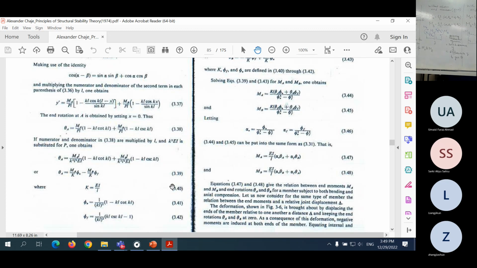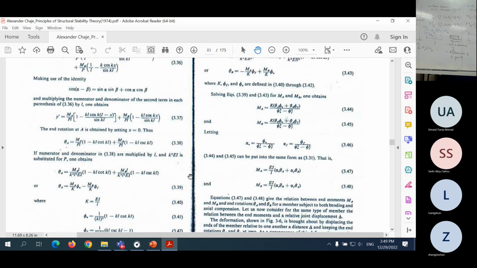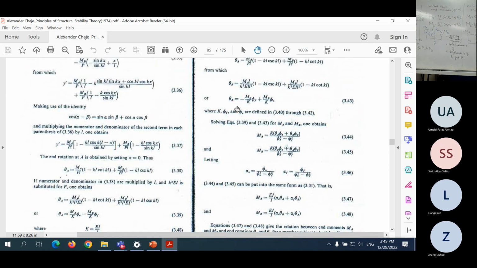Then we do the same thing, we get theta B. By substituting x equal to L into equation 3.37, you get 3.43. So you rewrite equation 3.42 and that equation to make M_A and M_B the subject of the formula, and introduce all these terms alpha N and alpha F, and finally we get this.